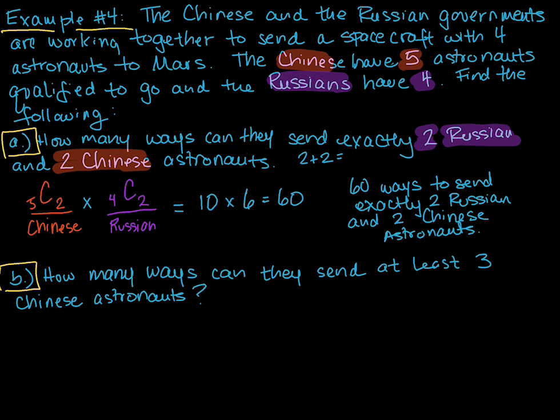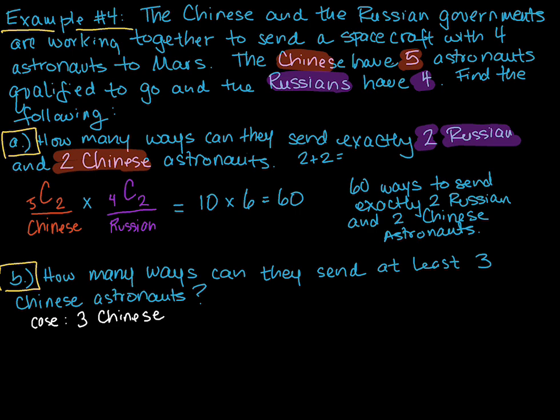Okay, so in part B, how many ways can they send at least 3 Chinese? Well, now we have to break this into some cases. So first, let me write this in different colors so it can be more obvious, here's the case where they send 3 Chinese.